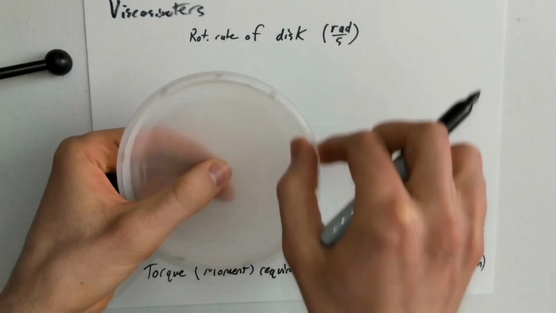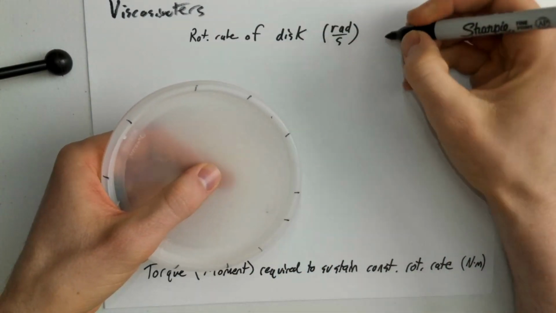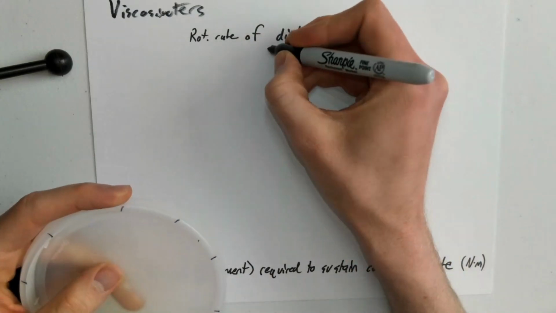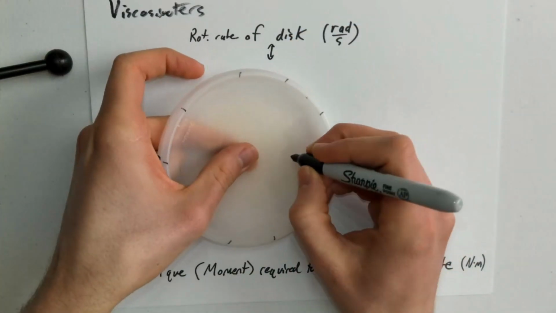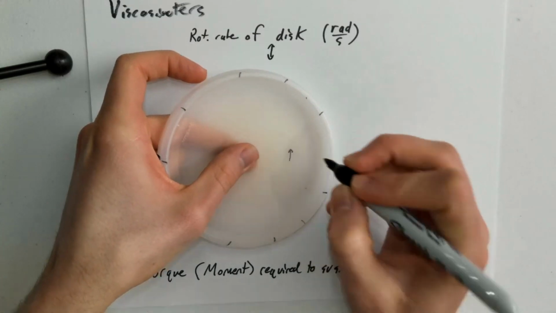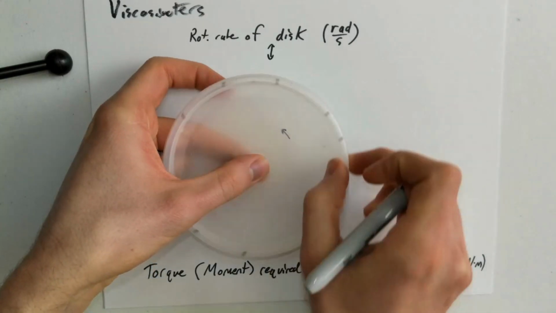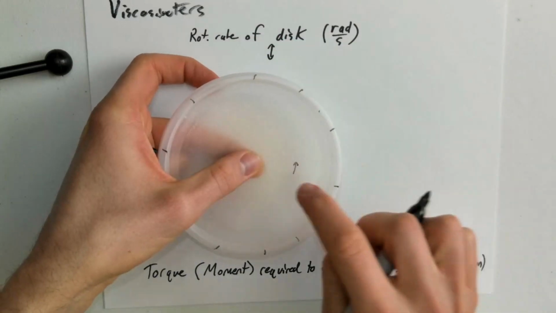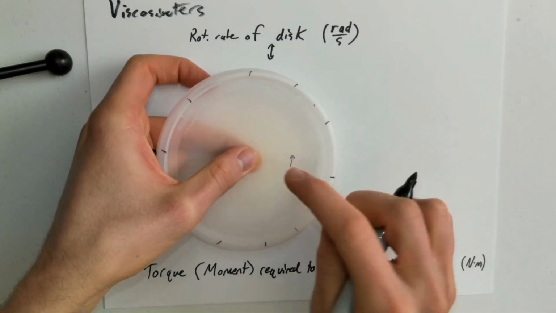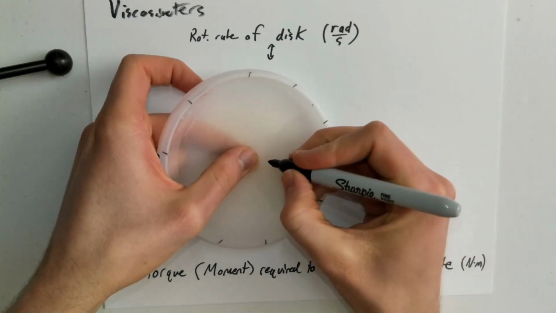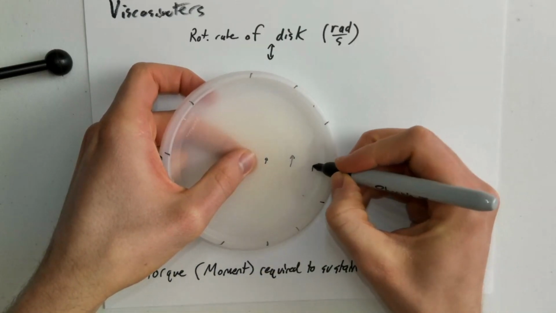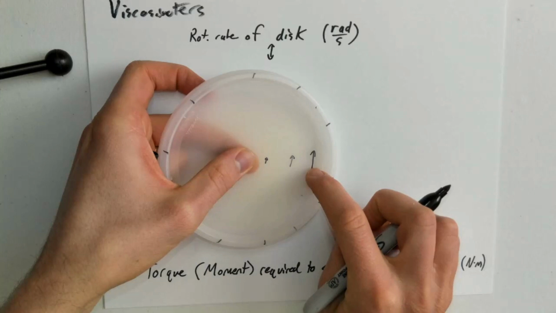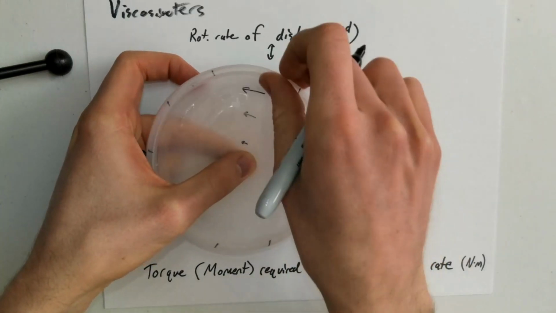So we have some rotation rate of the disk. We're going to be able to relate the rotation rate of the disk to velocities of points on the disk. If the disk is rotating at some speed, we're going to be able to estimate the velocities of various points on this disk. And if you recall, points close to the center of the disk move slowly, points on the edge of the disk move faster.